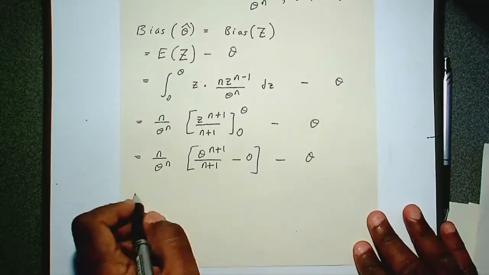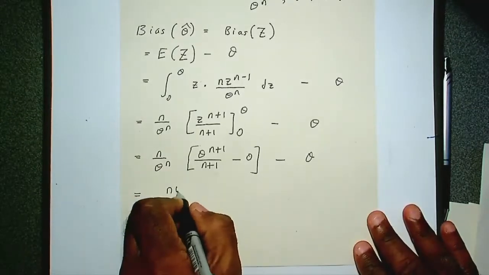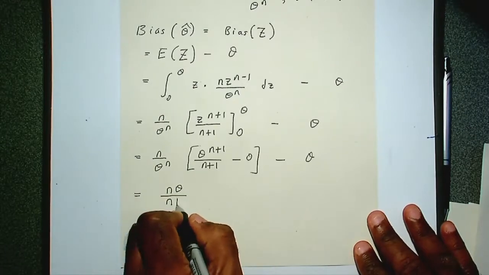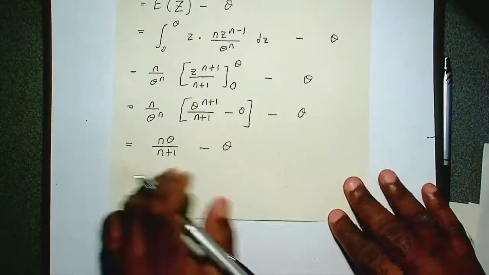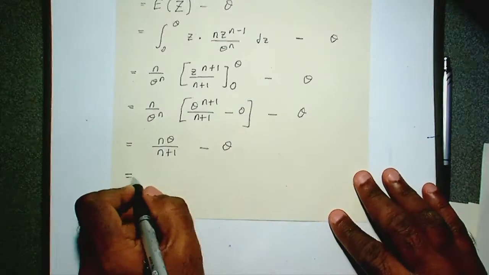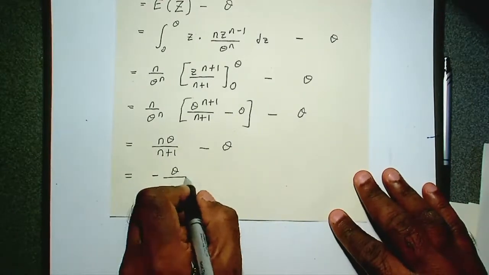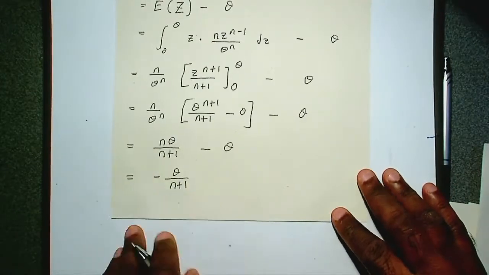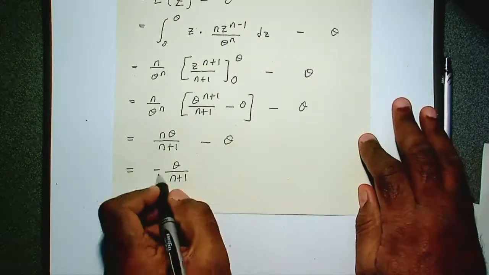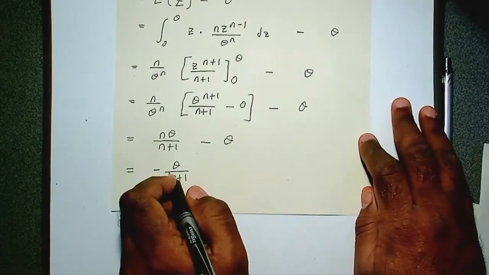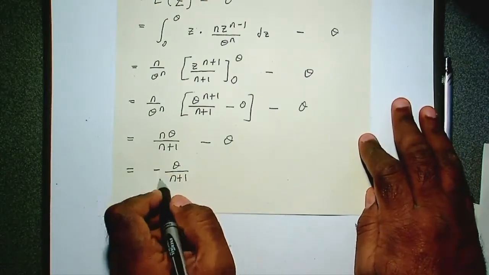Okay, now if you simplify this, you get n theta divided by n plus 1 minus theta. And you can simplify this further as minus theta divided by n plus 1. Are you okay, guys? Yeah? Now this is clearly not equal to 0, so the estimator is biased.